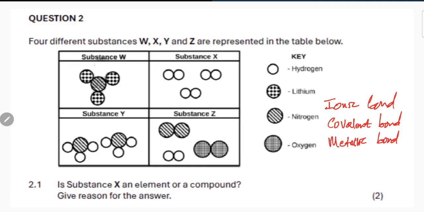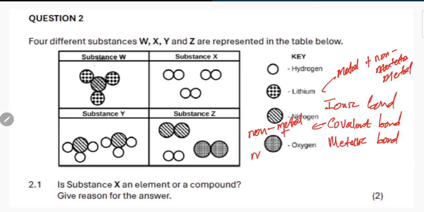So you need to know: ionic is metal plus non-metal; covalent must be non-metal and non-metal; metallic is metal and metal.